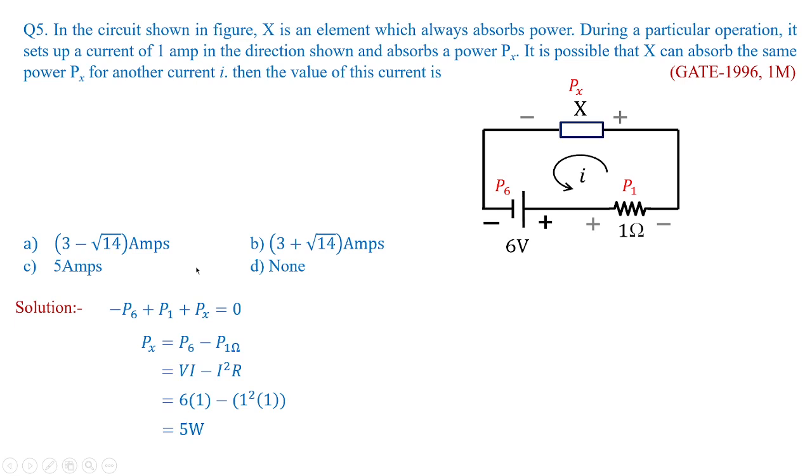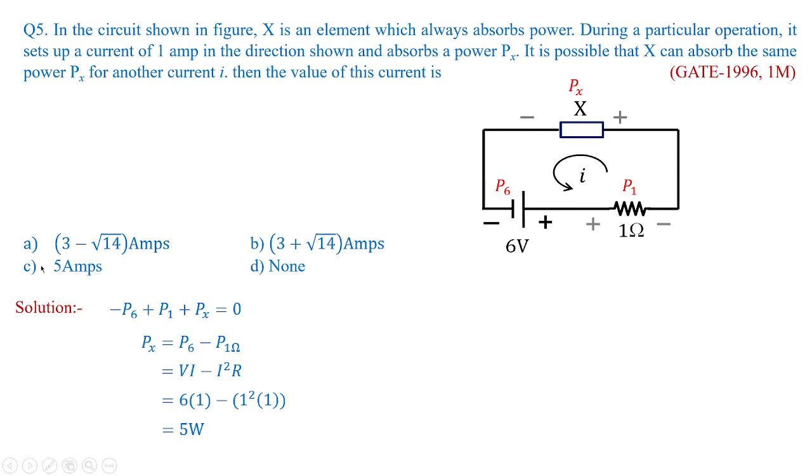Now, from the given options, it is possible that X can absorb the same power Px, that is 5 watts, for another current I. So what is that current I? By looking into the options, let us substitute the values of A and B. Since these two are complex numbers, it won't give you the appropriate result.